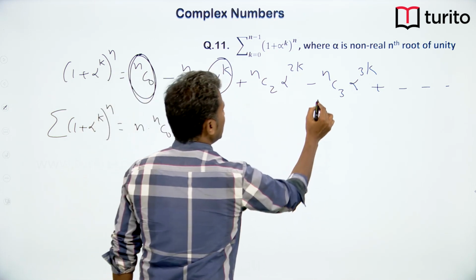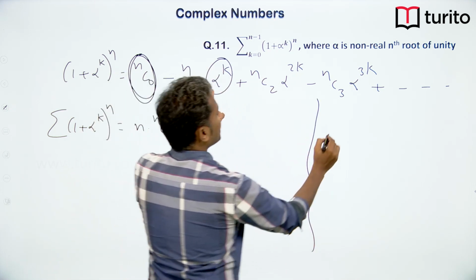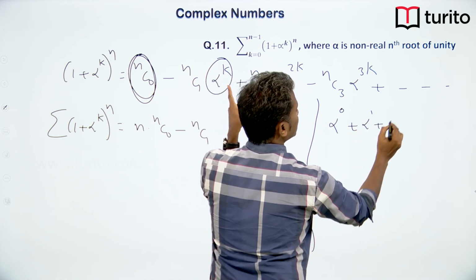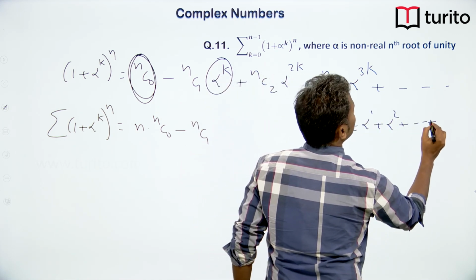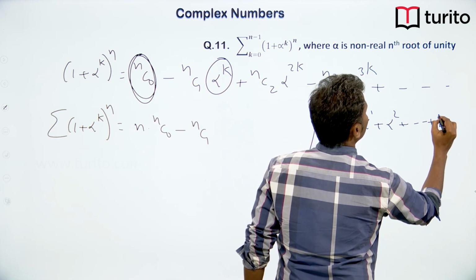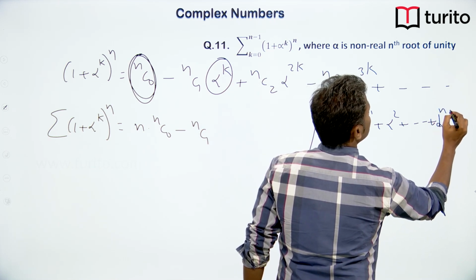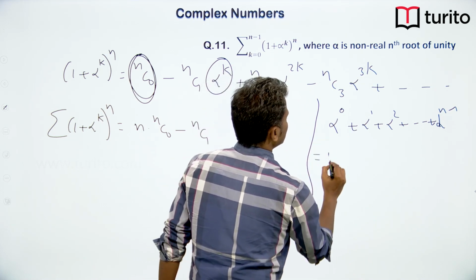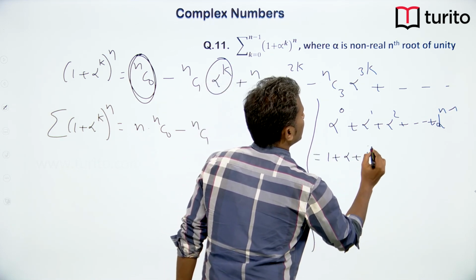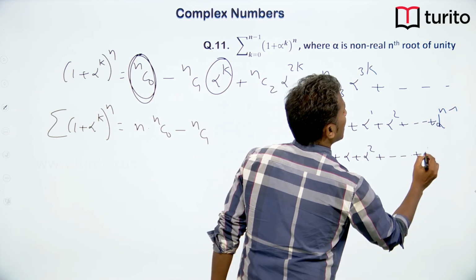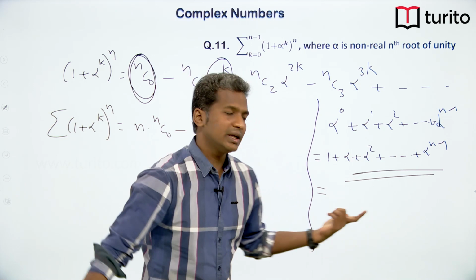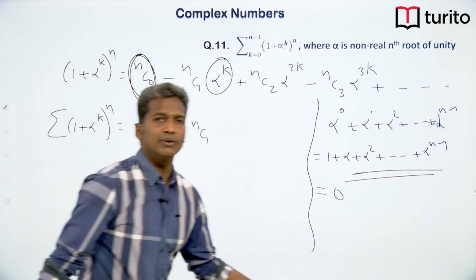So, here a little bit of rough work is required. When I put k equal to 0, k equal to 1, k equal to 2, till the maximum value of k, which is n minus 1, and simplify this a bit more, you get 1 plus alpha square till alpha power n minus 1, which is the sum of all nth roots of unity, which is 0.